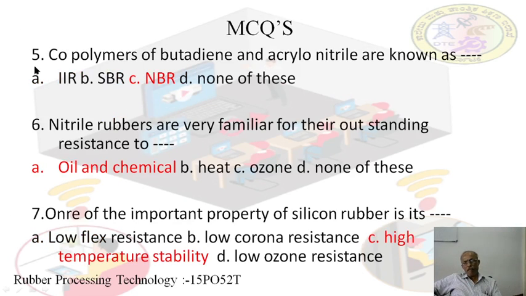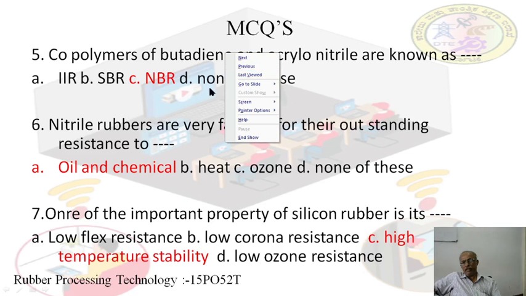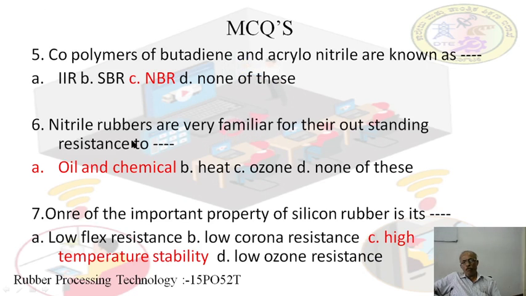Fifth one: copolymers of butadiene and acrylonitrile are known as dash.